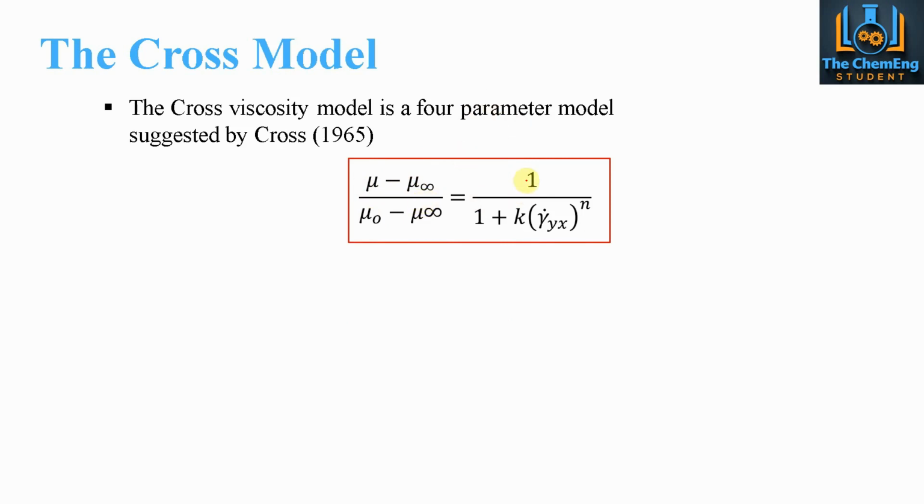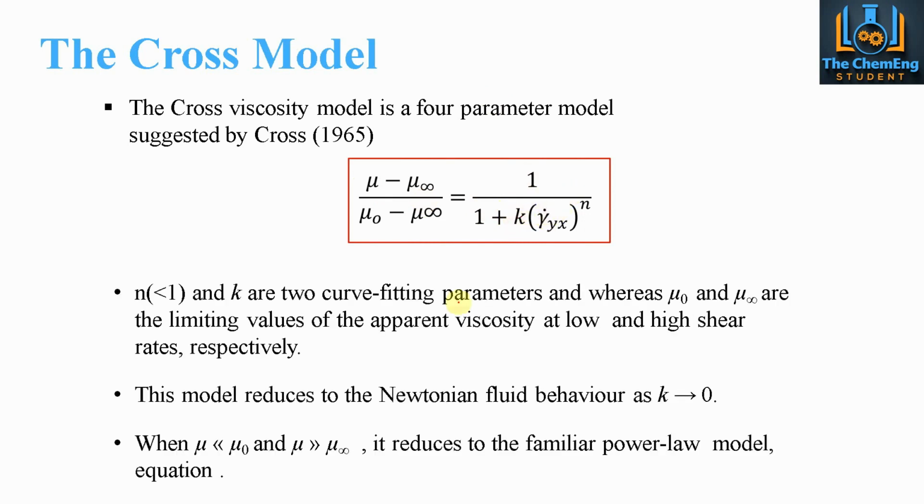But this time we have 1 over 1 plus some constant k multiplied by the shear rate to the power n. Now n in this case for shear thinning fluids must be less than 1, and k is also another curve fitting parameter.